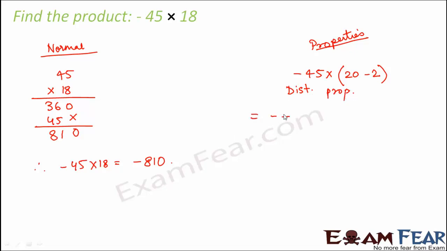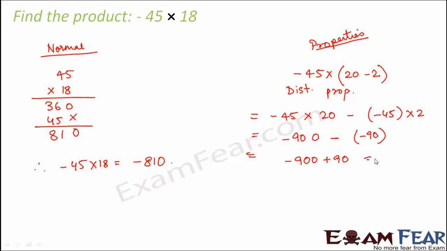So as per distributive property, this is equal to minus 45 into 20 minus 45 into 2. So 45 into 20 is 900, and 45 into 2 is 90. So this is minus 900 minus 45 into 2 is again minus 90. So this is equal to minus 900 plus 90, which is equal to minus 810.